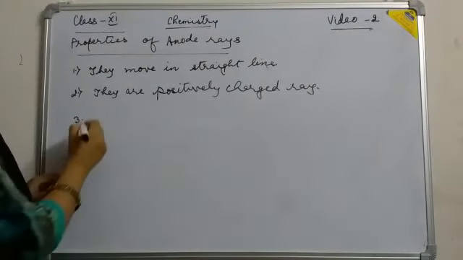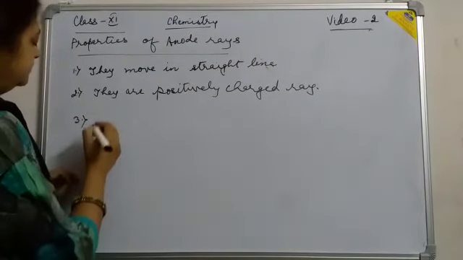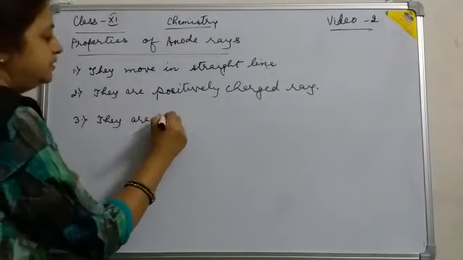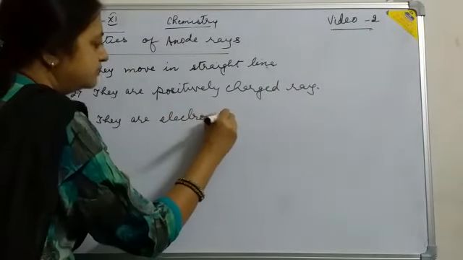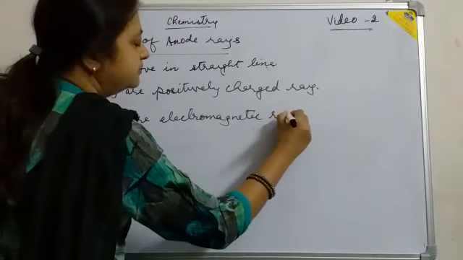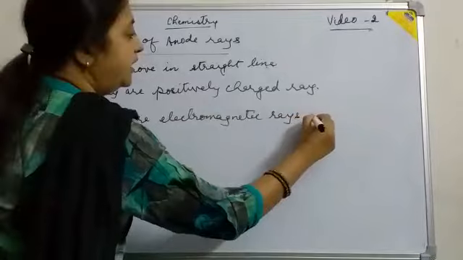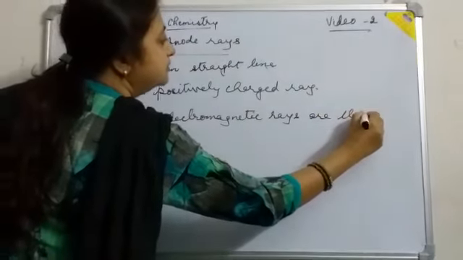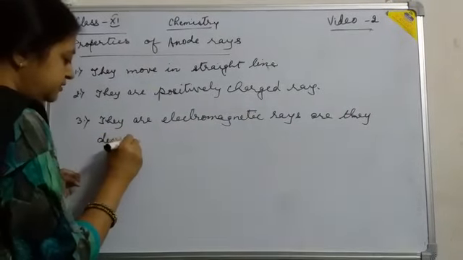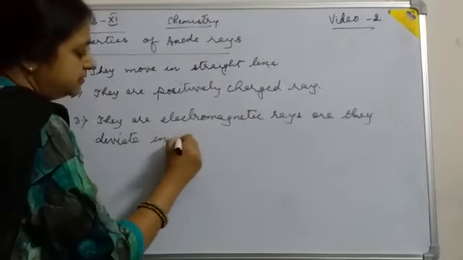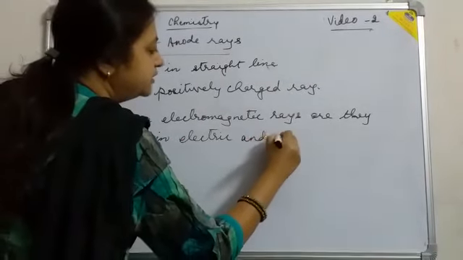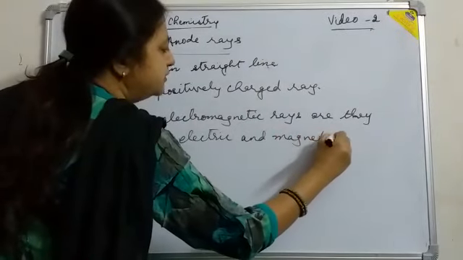They also deviate in electric and magnetic field, so they are electromagnetic rays, as they deviate in electric as well as magnetic field.